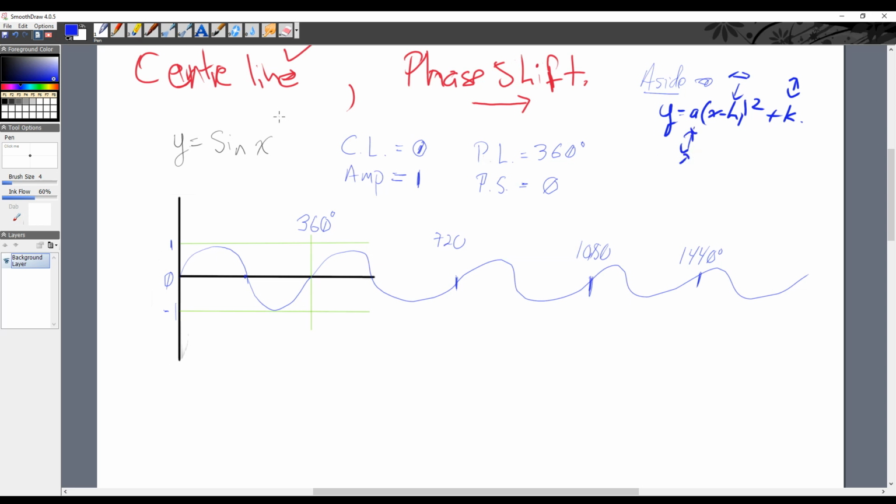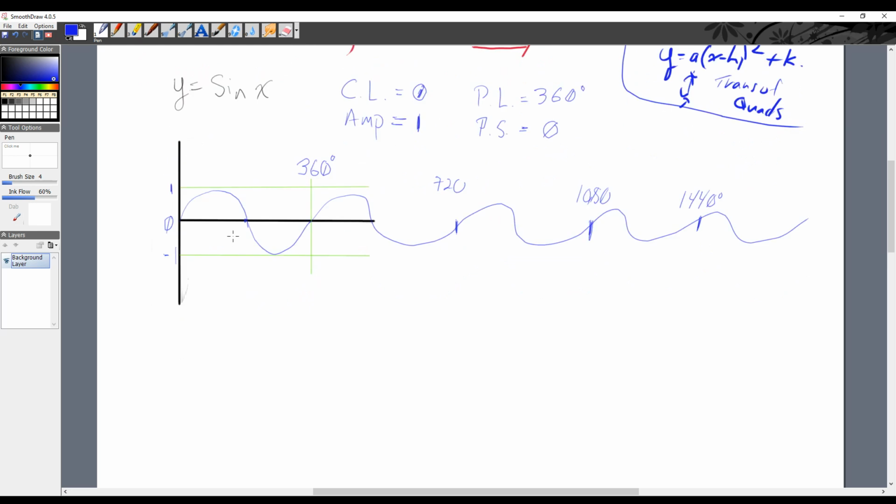Well, sine x has a similar form. This is kind of the general form that we can use for transformations. That was transformations of quadratics, that's what we had for quadratics. Well, there is a similar thing that we're going to go through and learn about for sinusoidal functions.